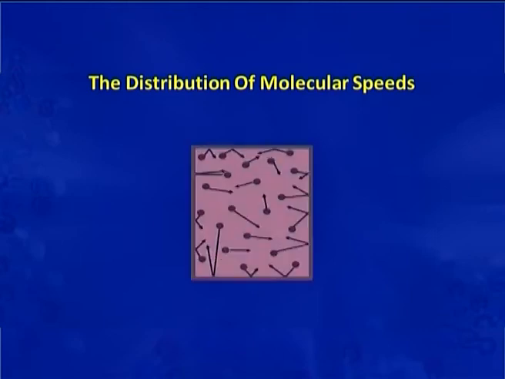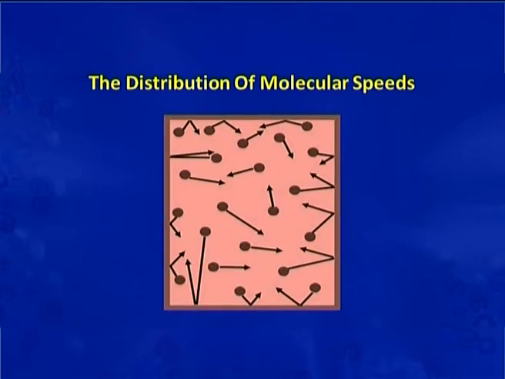Let us start the distribution of molecular speed. If you remember, in kinetic theory of gases, we use the average velocity of the particles to derive the ideal gas equation. The molecules of a gas are continuously colliding with each other and with the walls of the container.